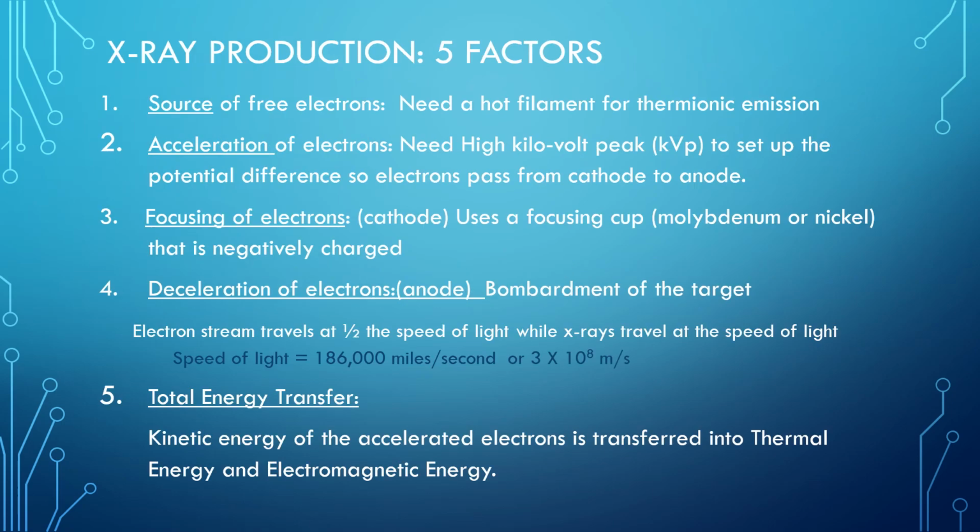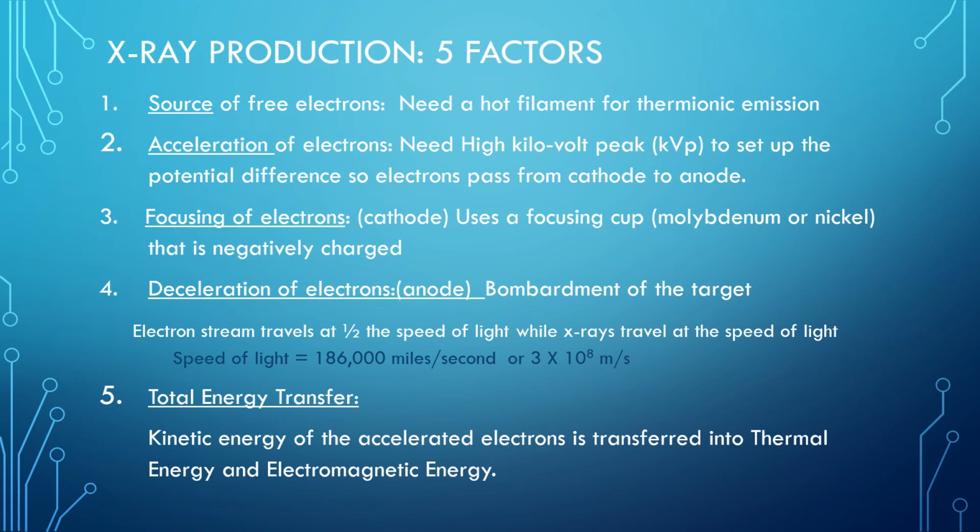And X-ray production relies on 5 factors. The source of free electrons: you need a hot filament with thermionic emission to boil off those electrons. That requires a high voltage supply. The acceleration of electrons: you need a high kilovolt peak, or kV, to set the potential difference so the electrons will pass from the cathode to the anode.